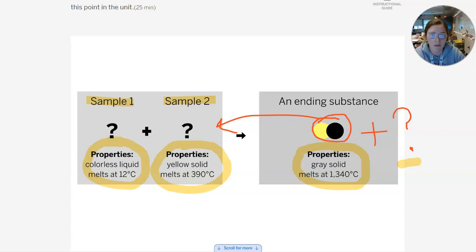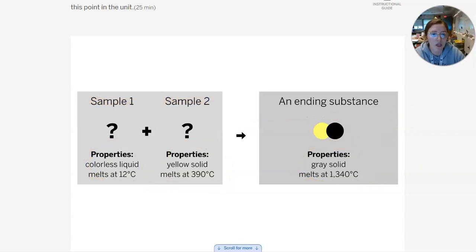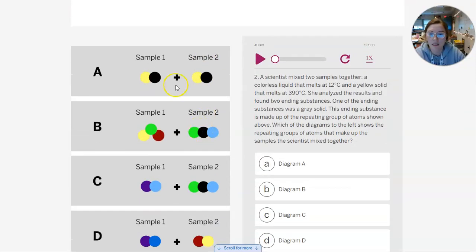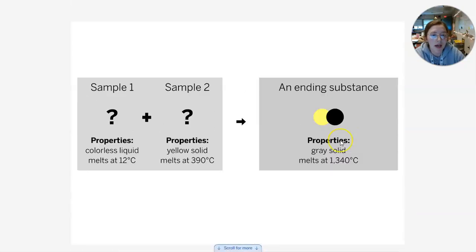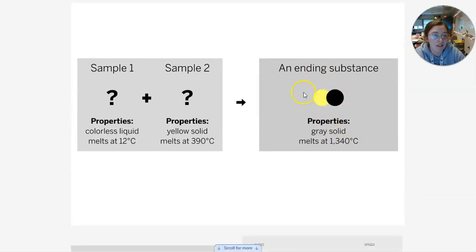They are different properties, so they are different samples. So I know that they can't be a yellow and they can't be a black. Down here, which one does that immediately get rid of? A, B, C, or D? It immediately gets rid of A. But I now know if it's in my ending, it has to be in the beginning.